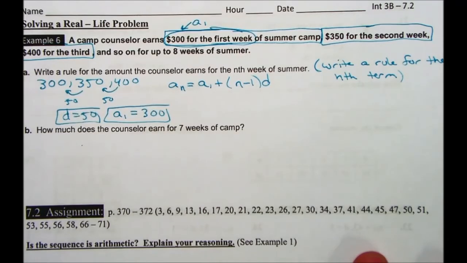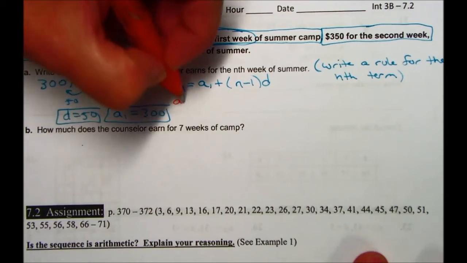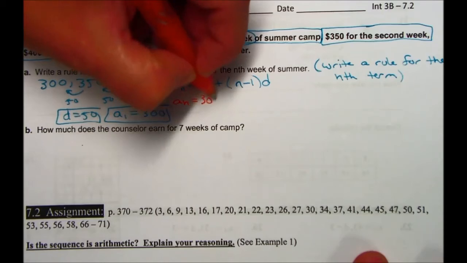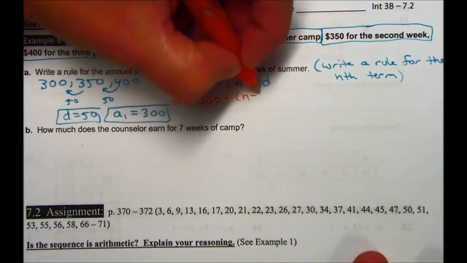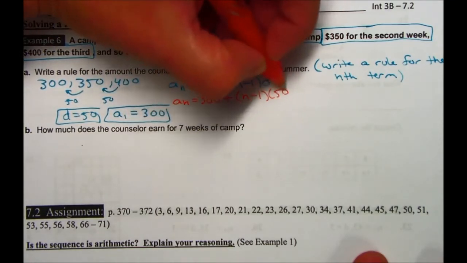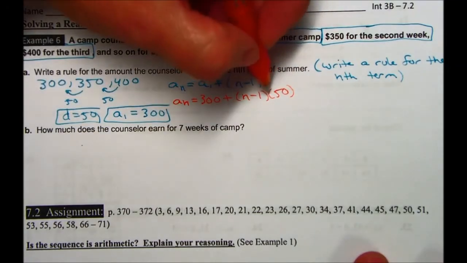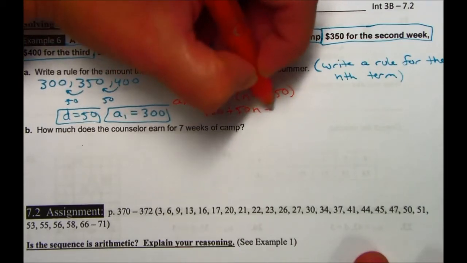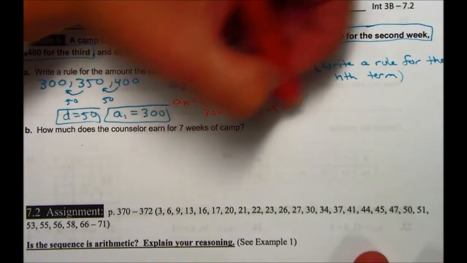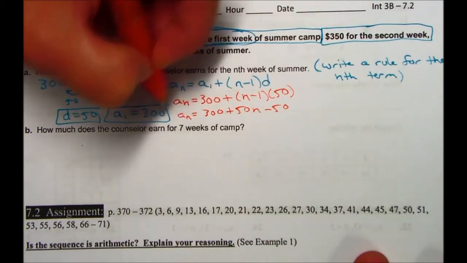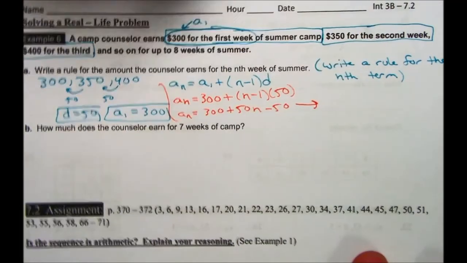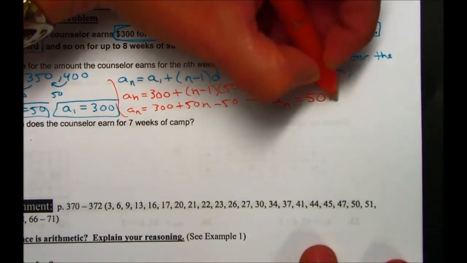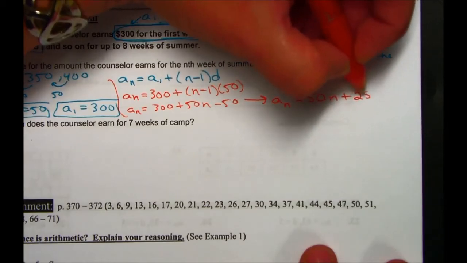All right, so let me switch up my colors here a little bit. So a sub n equals a sub 1, which is my first term, 300. The n is now back in the equation. Common difference is 50. So I'm going to distribute, and I'll get 300 plus 50n minus 50, combine like terms, and rewrite it over here. a sub n will equal 50n plus 250.